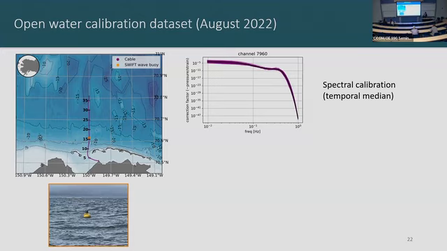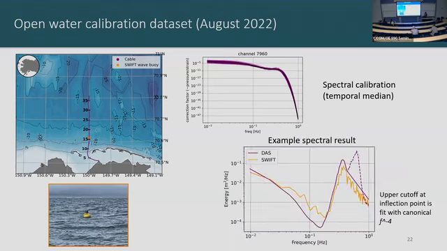So we do this at each point along the cable from 10 kilometers to 35 using our buoys. There are some assumptions that the waves are relatively homogeneous in the open water season over a sufficiently long length of time. That's the assumption that we make for this calibration for this data set.